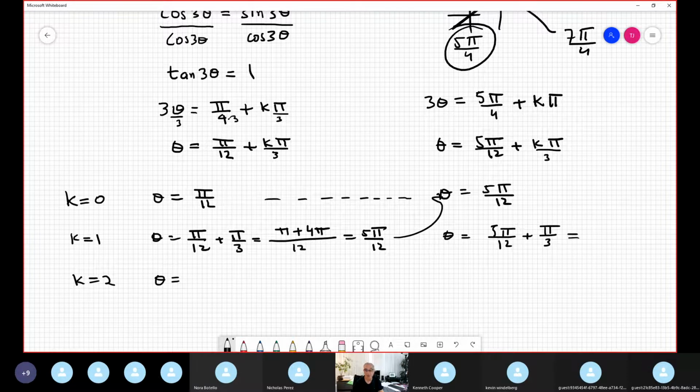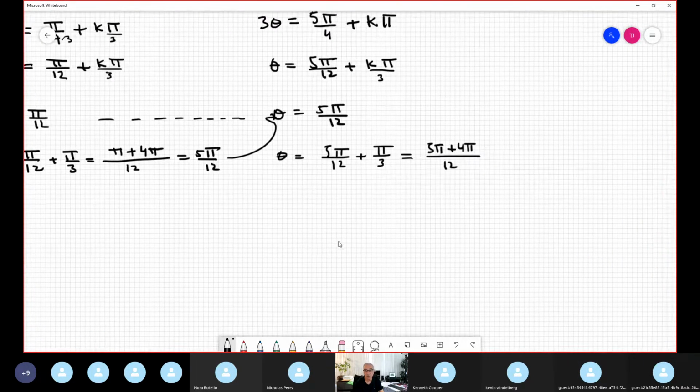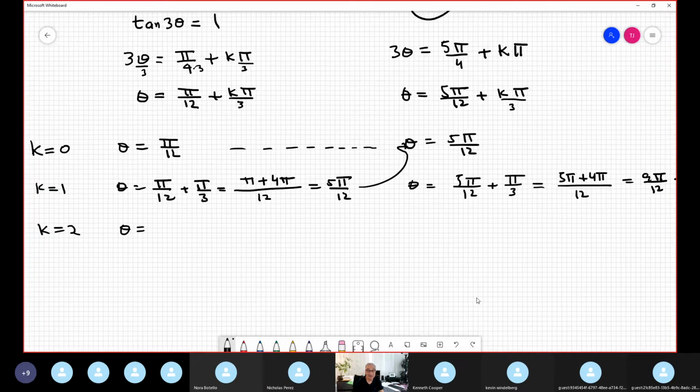The LCD is 12, 5 pi plus 4 pi is 9 pi, so 9 pi over 12. When you reduce to lowest terms, dividing by 3, it is 3 pi over 4. Of course, I like this. It's exactly the same as this one.